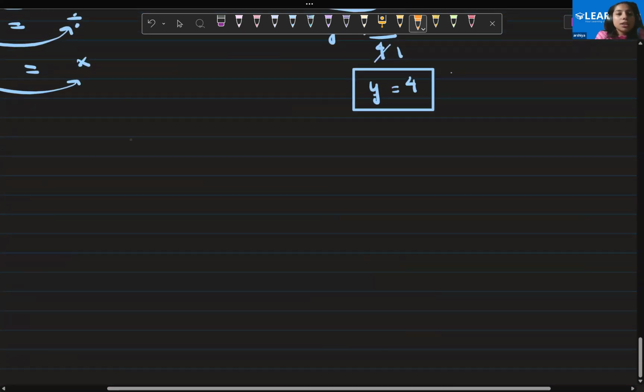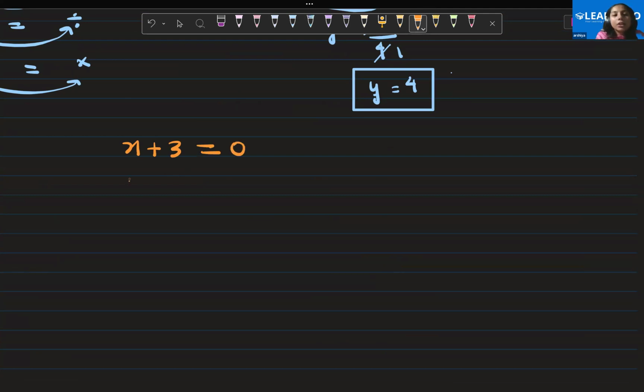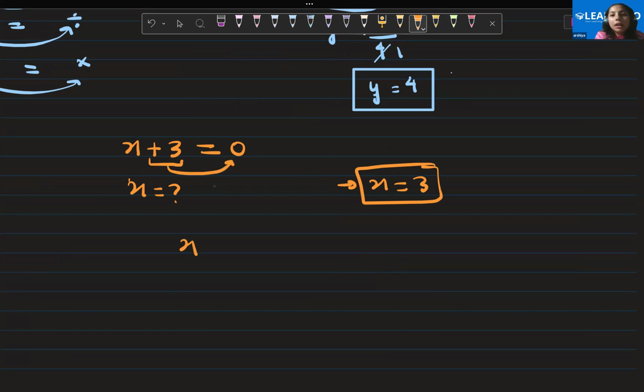So the question was, they have given x plus 3 is equal to 0, and they are saying find the value of x. Also check whether x is equal to 3. So what we do here is, when this 3 is positive, if I take it to the other side of the equal sign, this 3 will become negative.